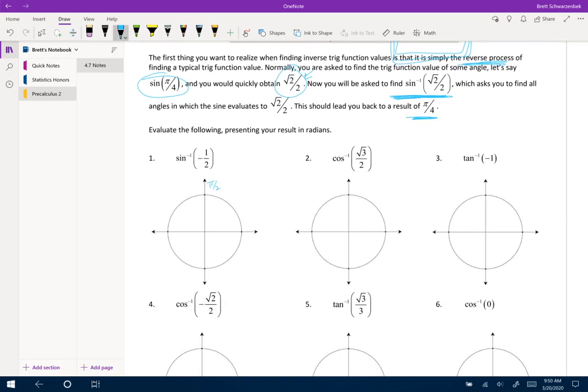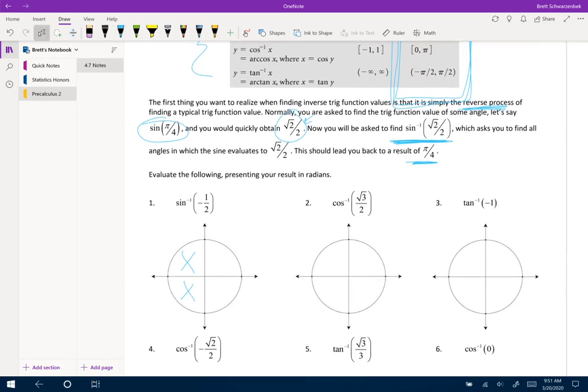But we also know negative pi over 2 is located down here. Therefore, our answers can only occur from here to here on our unit circle, which means we effectively eliminate these two quadrants as possible answers for our problem. This is the key first step that you always want to make in any inverse trig function evaluation.